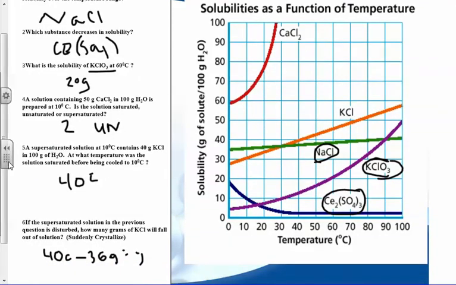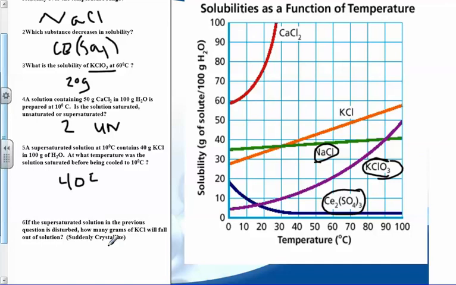All right, then for the last one, we're going to use our little equation. We said the number of grams that precipitated equals the total number of grams in solution less the number of saturated grams. So we're going to use that particular equation to look at the last potassium chloride problem.